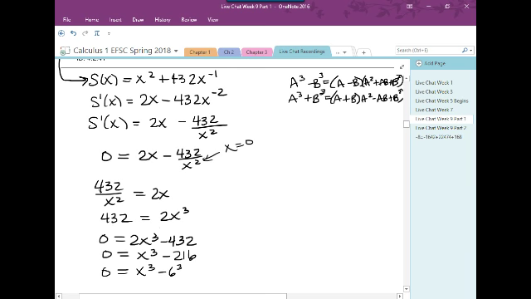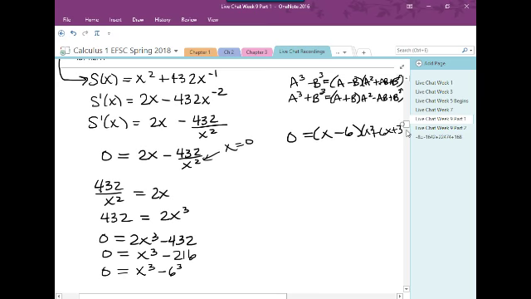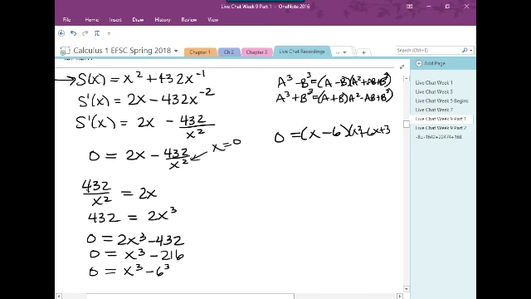Okay, so we're doing a difference of cubes, so that means that we are going to have 0 equals x minus 6 times x squared plus 6x plus 36. Now, it's always the case that this factor over here can't be factored, at least over the integers.